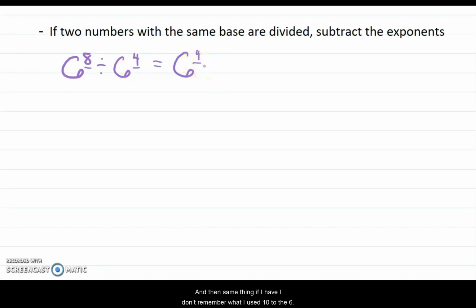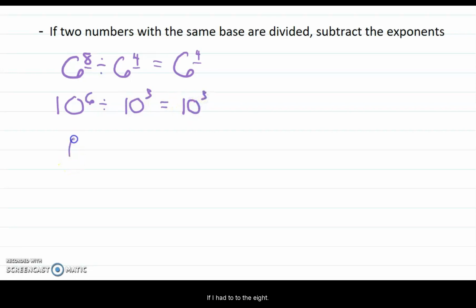And then same thing if I have 10 to the 6th divided by 10 to the 3, right? 6 minus 3 is 3, so my answer would be 10 to the 3.